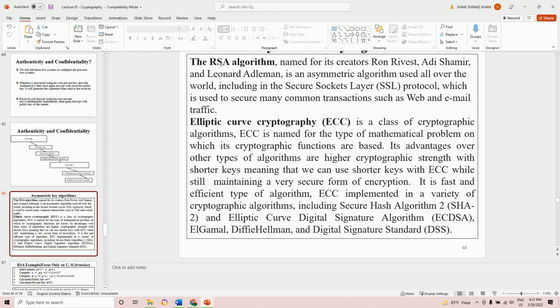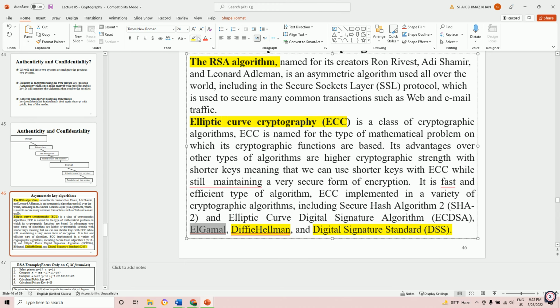So these are the examples of asymmetric cryptographic algorithms: the RSA algorithm and elliptic curve, students. Okay, Diffie-Hellman, then DSS, okay, ElGamal.